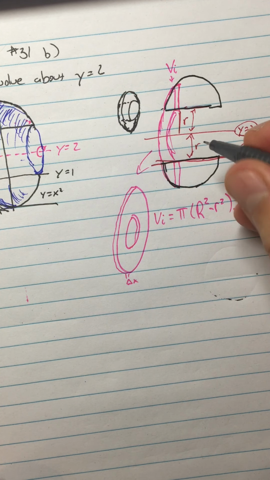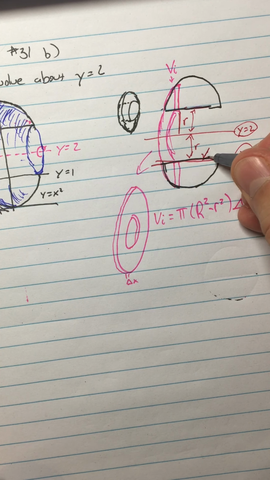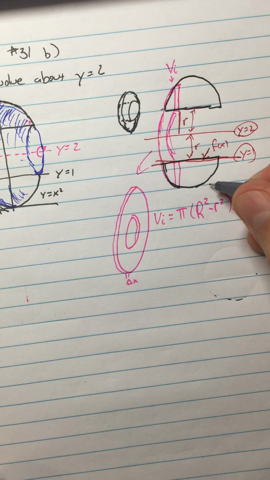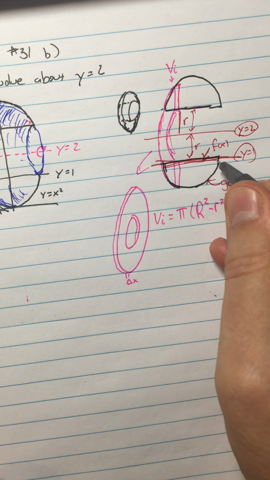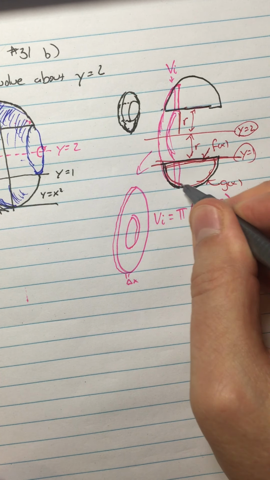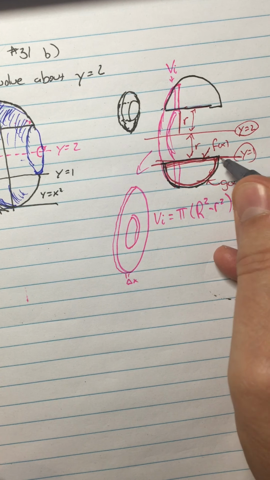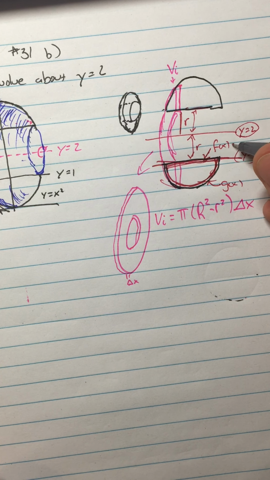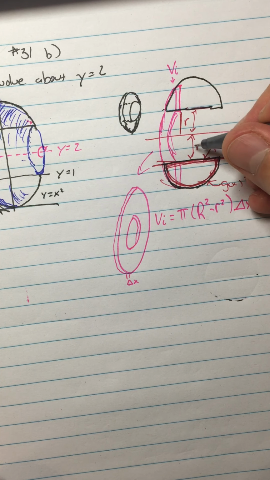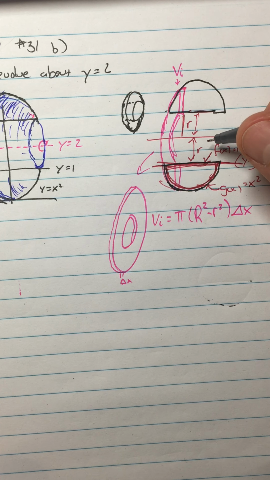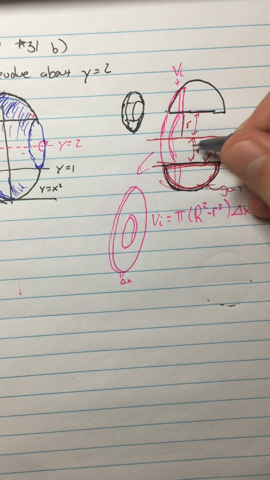Now what I want to understand is that top line is acting like a function f of x, and the bottom line is acting like a g of x. These f of x and g of x form the boundary of the shape: f of x on the top, g of x on the bottom. f of x is equal to 1, g of x is equal to x squared, and they form the top and the bottom of this. So the small radius is the distance from the axis of rotation to the innermost function.